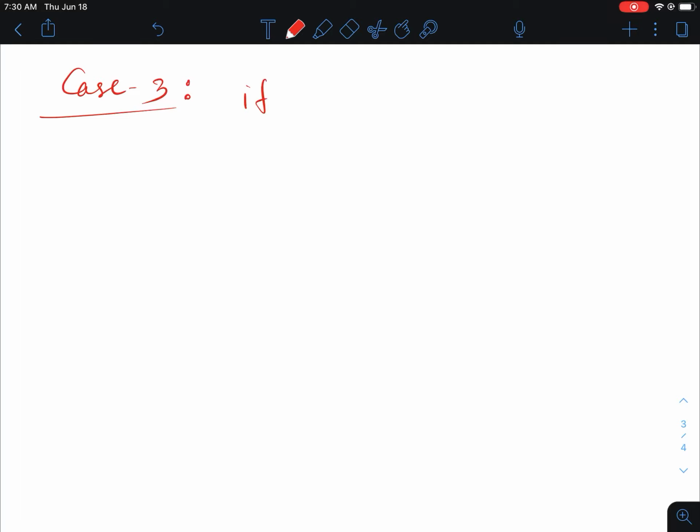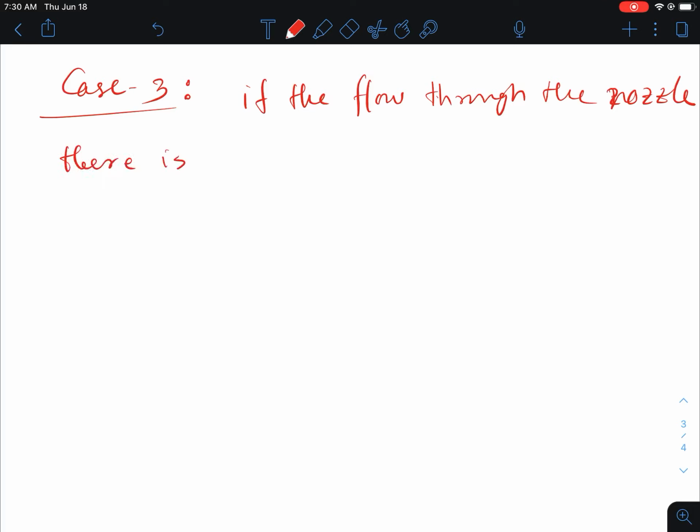However, if we choose the nozzle, if the flow is through the nozzle, then there is no work interaction. So in that case, the work term will be 0, so the right side will be 0.